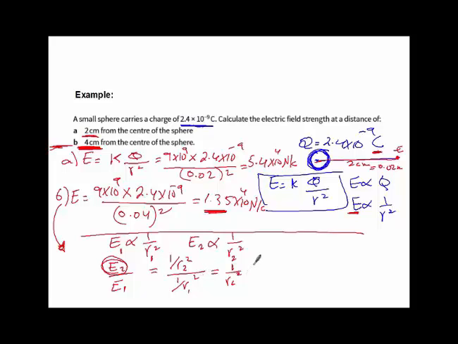Convert this division to multiplication and take the inverse of 1 over R1 squared, which is R1 squared over 1.